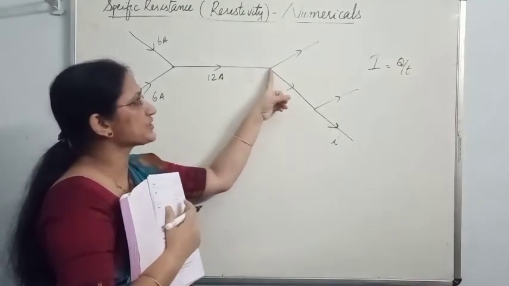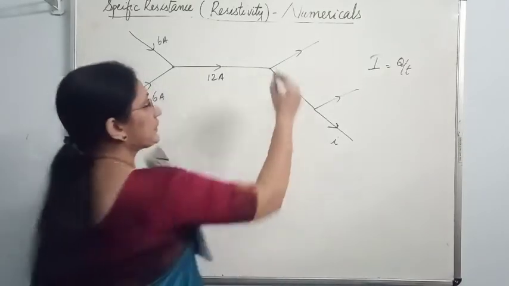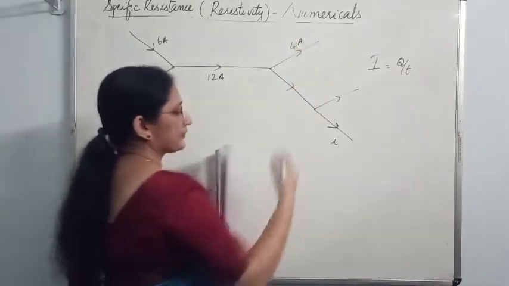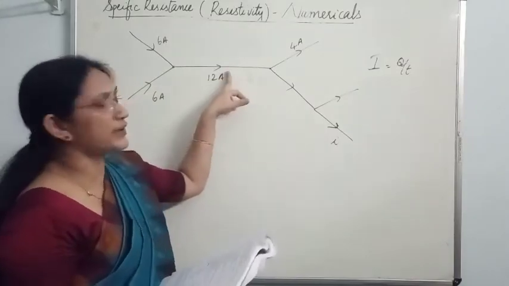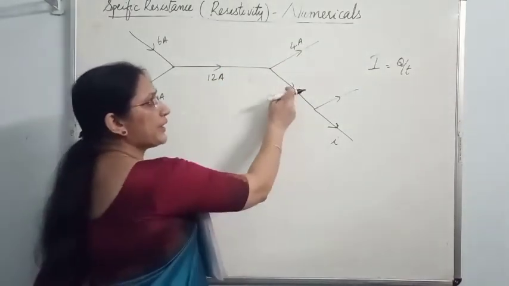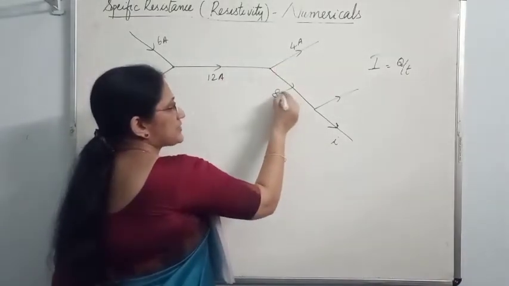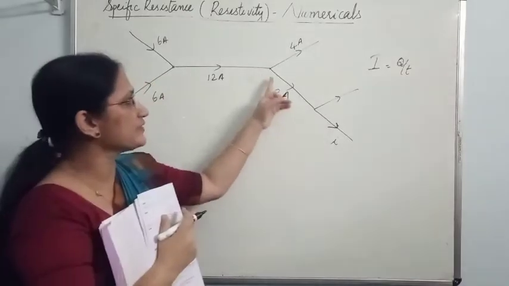And at this junction, again it splits into two branches, and the current in this upper branch is given as 4 ampere. Then out of 12 ampere, if 4 ampere current goes in this branch, surely the remaining current will be flowing through this branch. So 12 minus 4, 8 ampere will be the current in this branch.